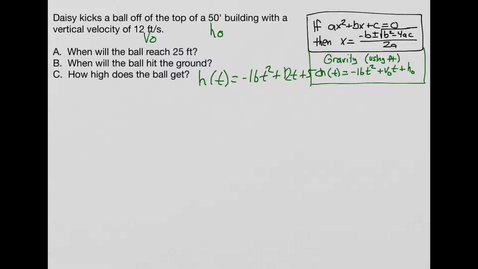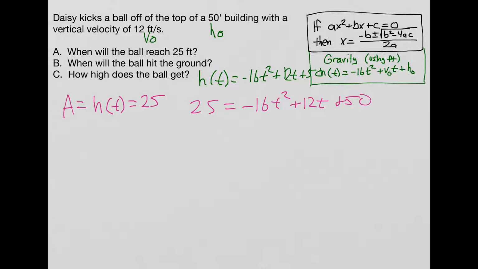So let's go through this. For part A, I'm looking, where does my height equal 25 feet? So I plug that into my equation. 25 equals negative 16t squared plus 12t plus 50.